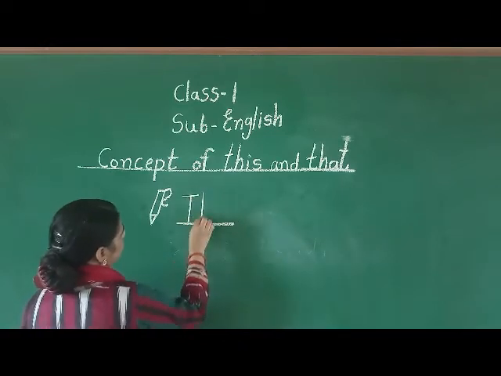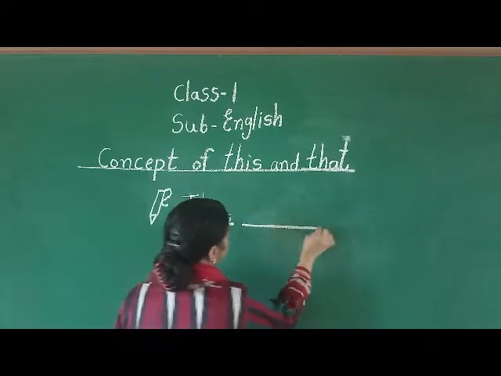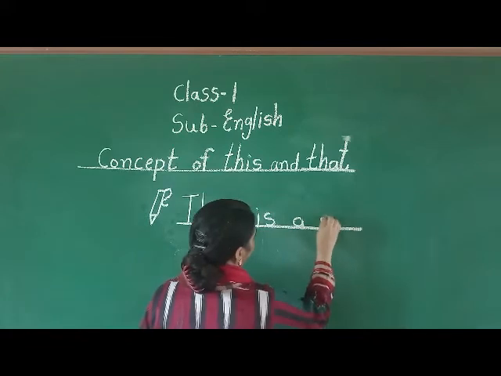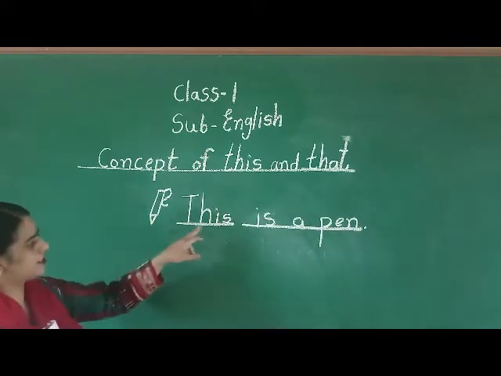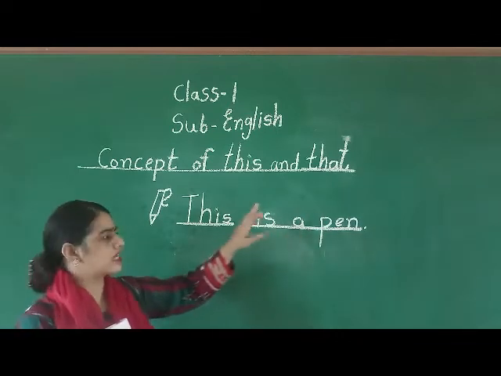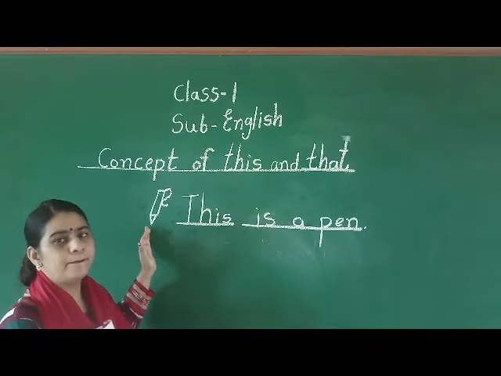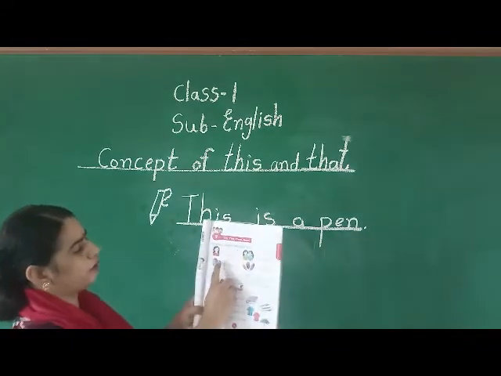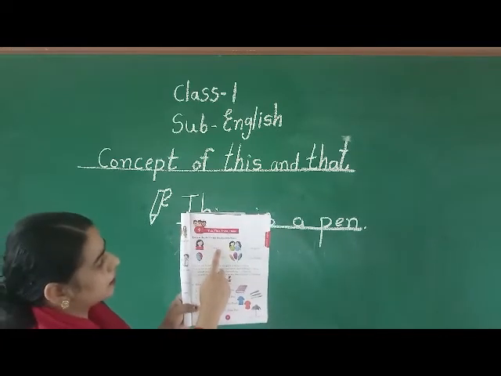So here, this is a pen. Full stop. What will we write here? This is a pen because I am having only one object and it is nearby me. Like this in your book, the picture of a girl is there. So this is a girl.